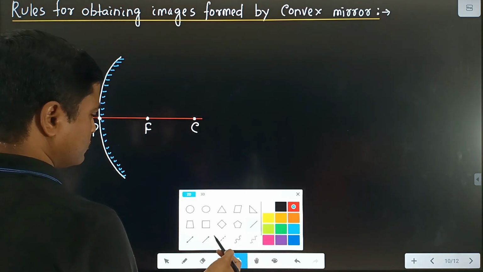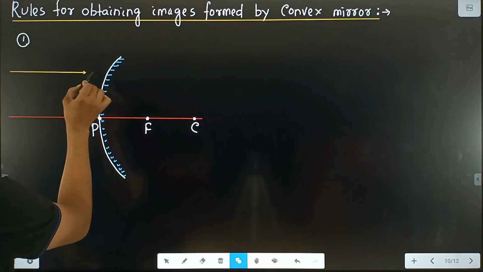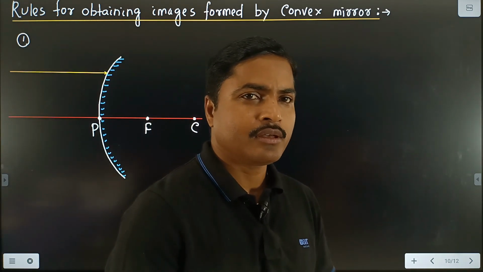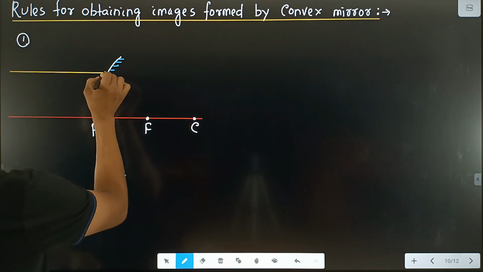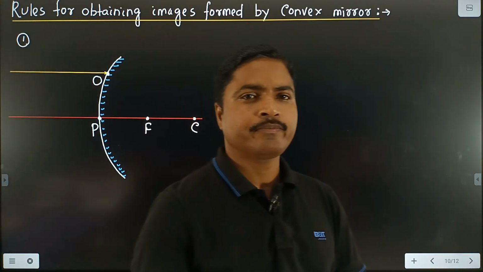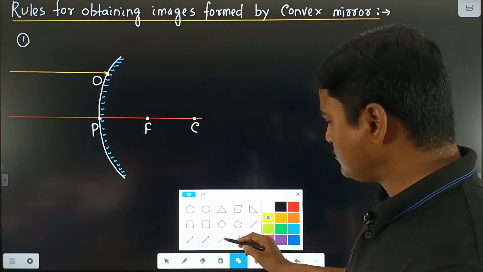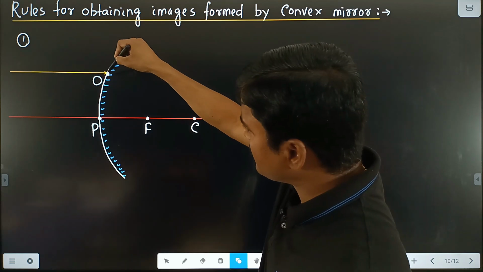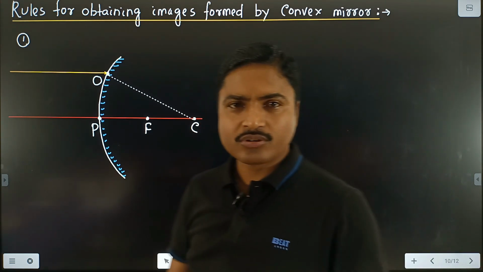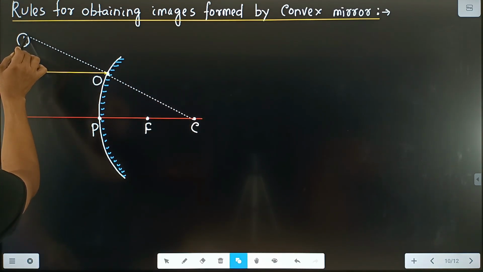Suppose one incident ray is parallel to the principal axis and strikes the reflecting surface at point O. Then we draw the normal to the reflecting surface, and you know, the normal to the reflecting surface always passes through the center of curvature. This is the normal.